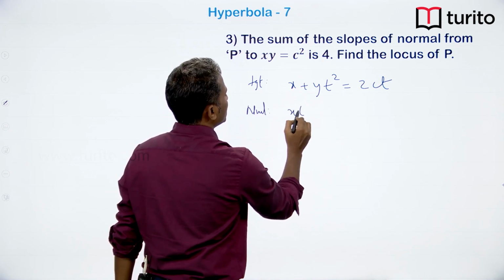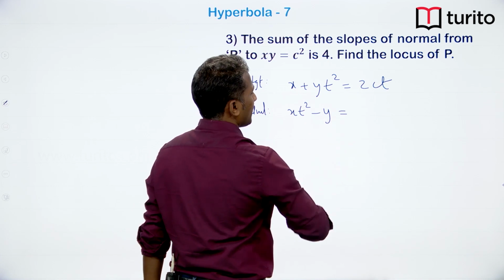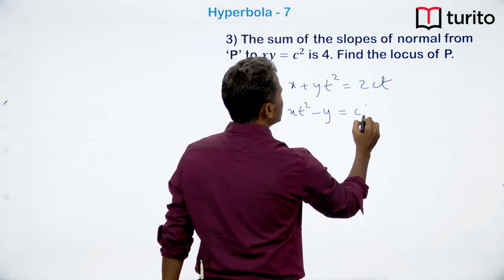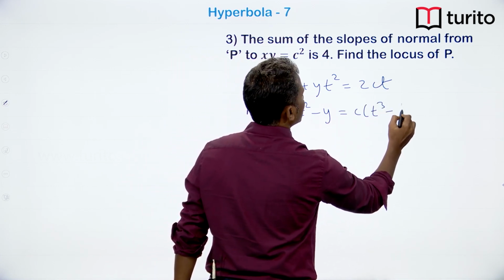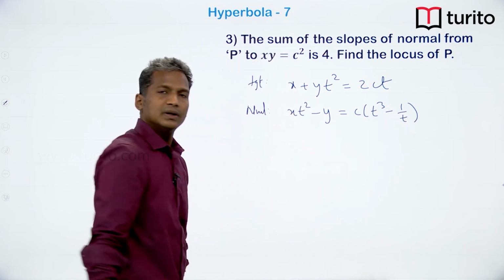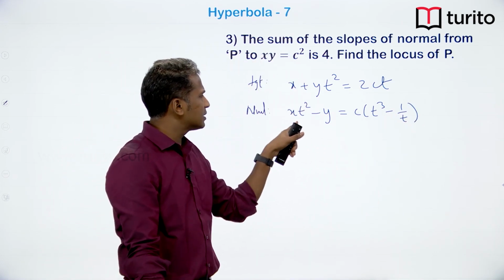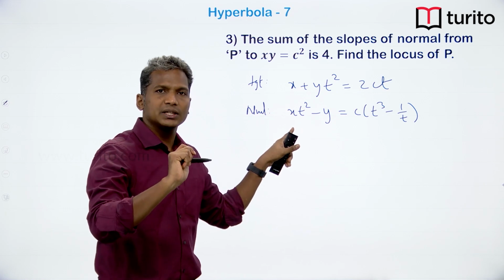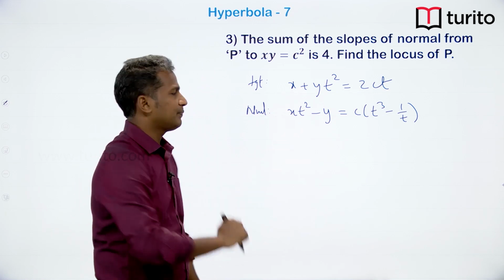So it becomes xt square minus y is equal to c into t cube minus 1 by t. Now what is the slope of this curve? Slope is t square. So in place of t square I will put m.